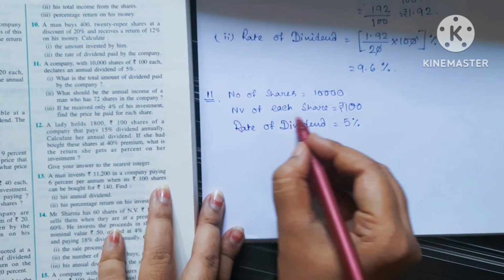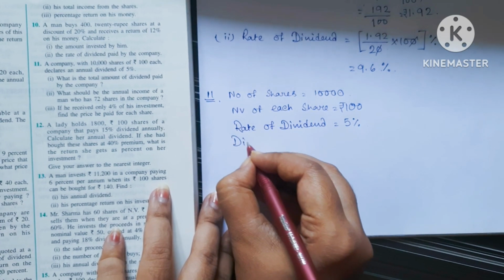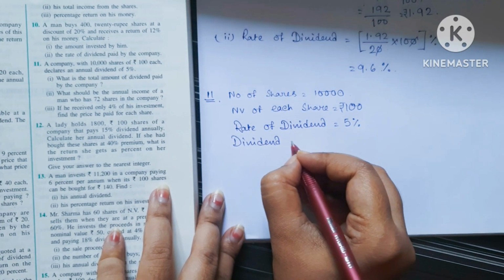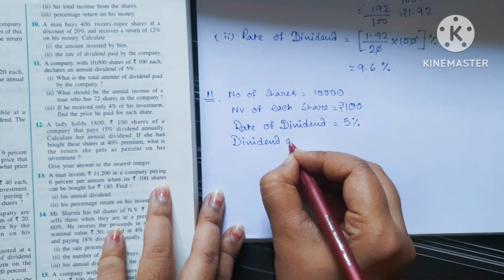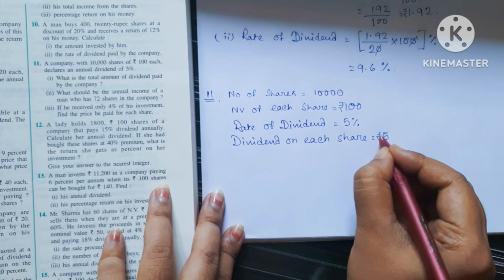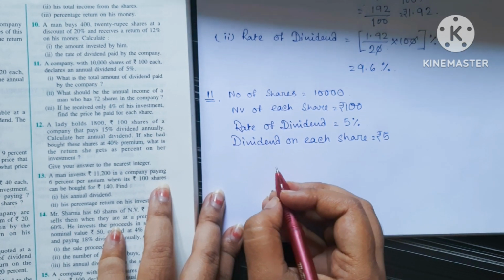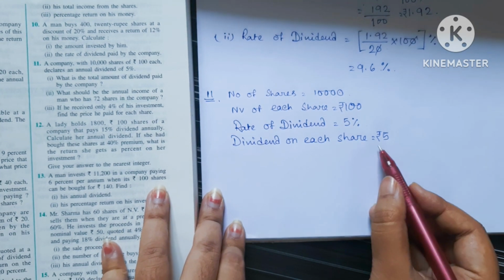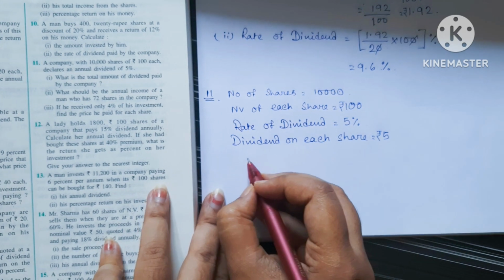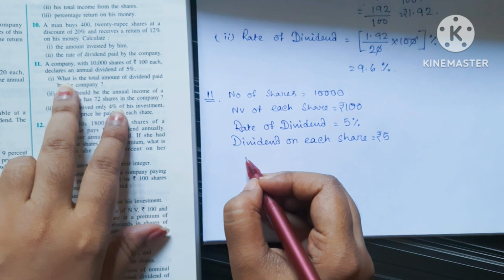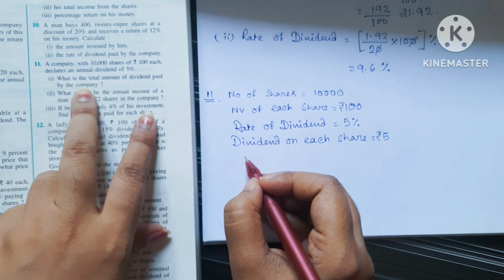Since the nominal value is this one, the dividend on each share is rupees 5. Okay, dividend on each share, that is rupees 5. So what is the total amount of dividend paid by the company?